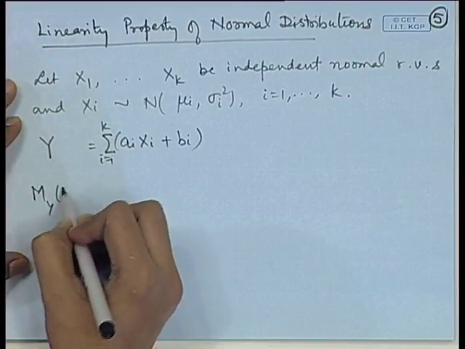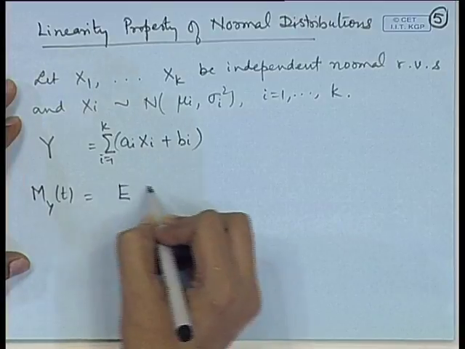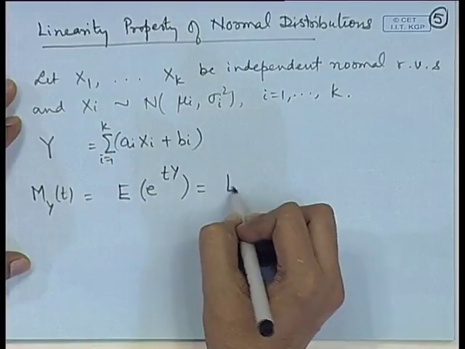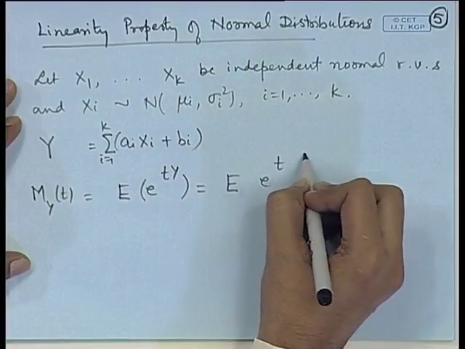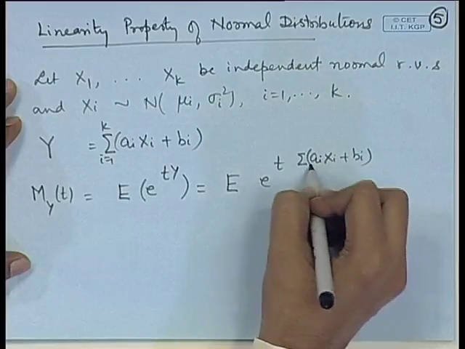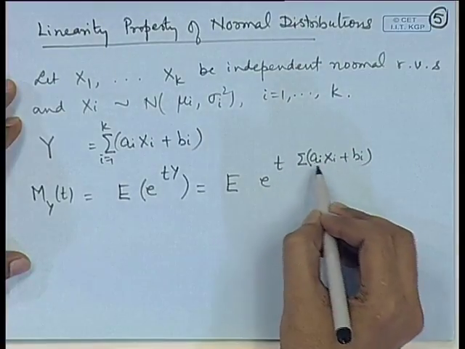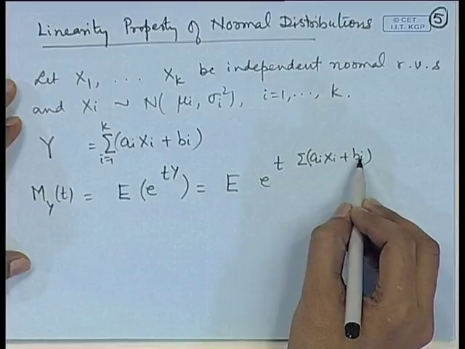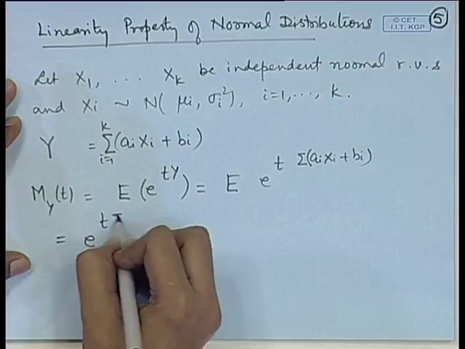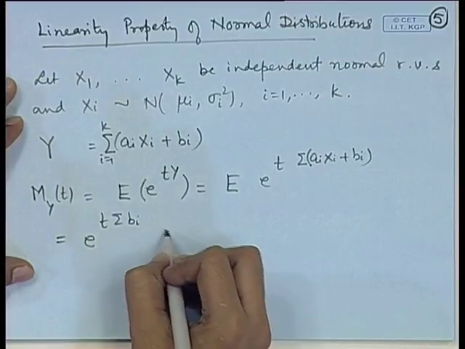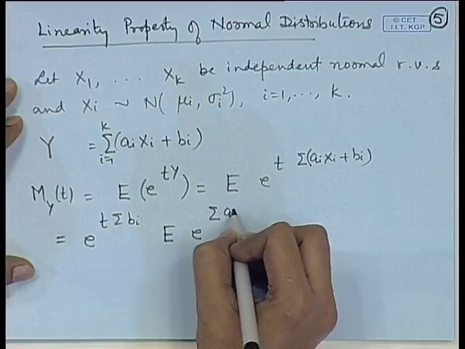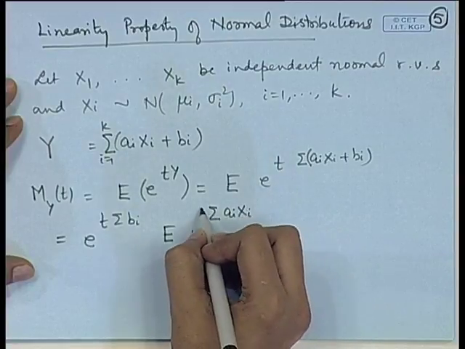So, MY(t) is equal to expectation of e to the power tY, that is expectation of e to the power t times sigma ai Xi plus b. Here e to the power t into b can be kept out. So, it is e to the power tb, and then we have expectation of e to the power sigma ai Xi t.